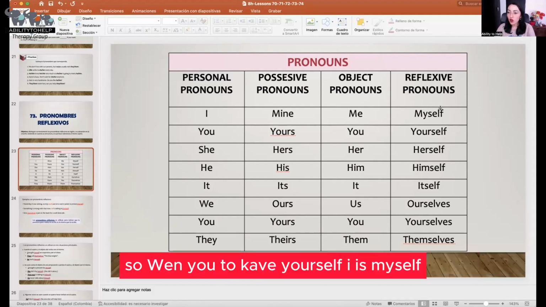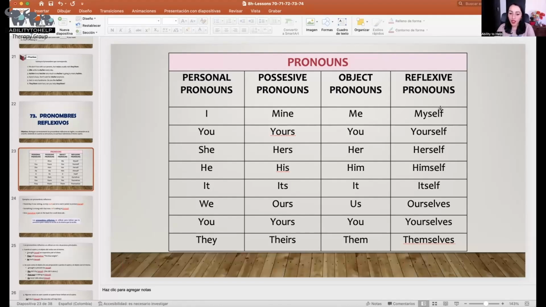So when you talk about yourself, I is myself, you, yourself, she, herself, he, himself, it, itself, we, ourselves, you, yourselves, they, themselves. This is the reflexive pronoun.